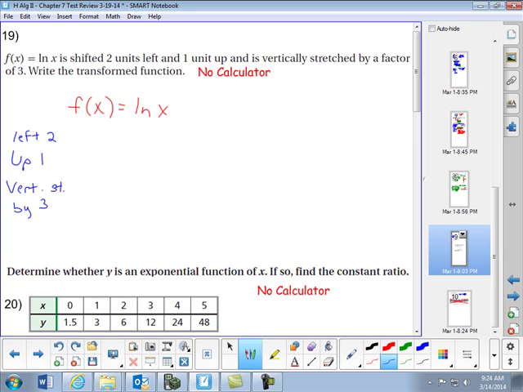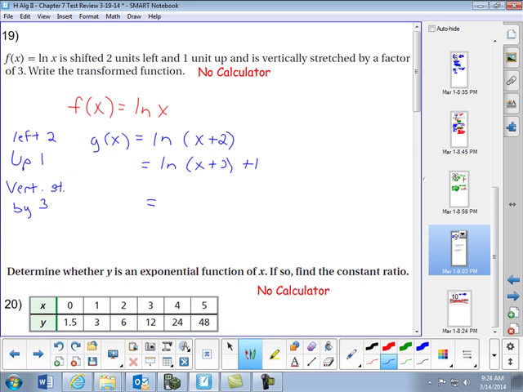Okay, well first, remember my new function, g of x, would be the natural log. Well, if it's left 2, it's x plus 2, because left is plus. So there's left 2. Now you're going up 1, so it's the natural log of x plus 2, and if you go up 1, you just add 1. And now if you do a vertical stretch, remember that it's going to be multiplied by all of this.